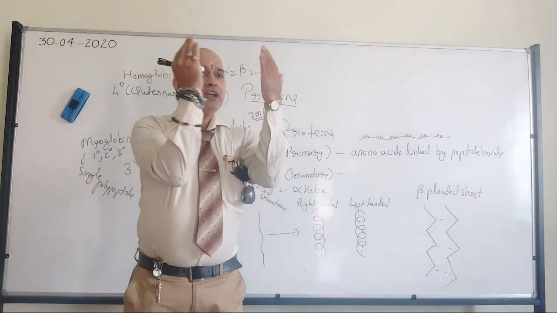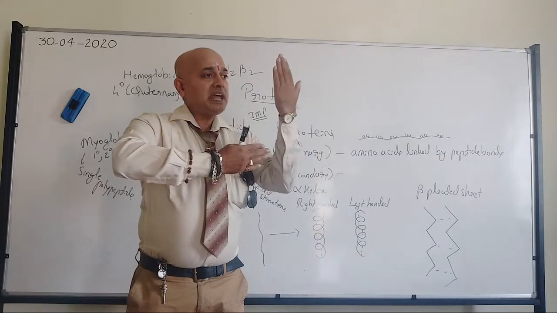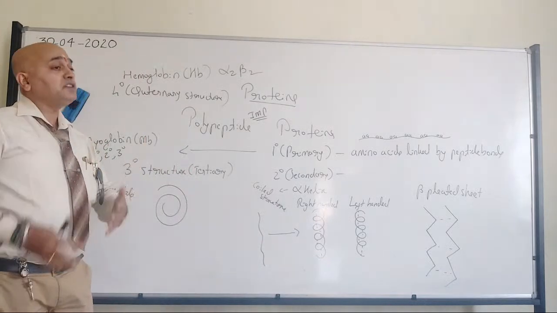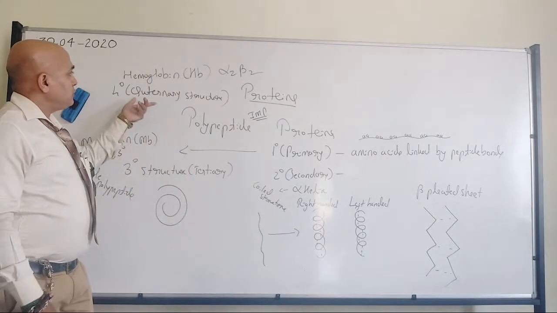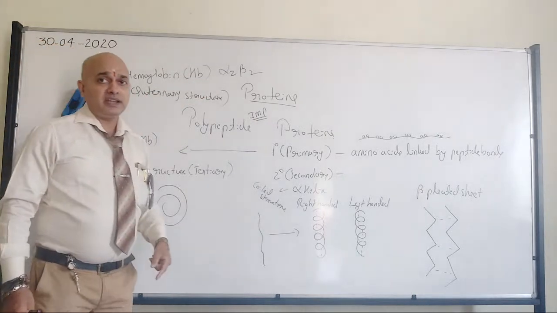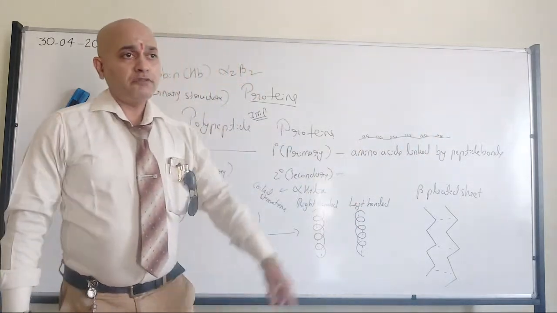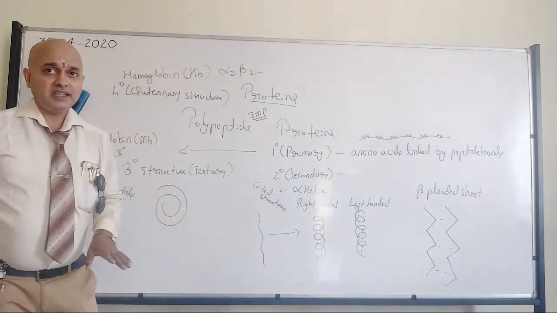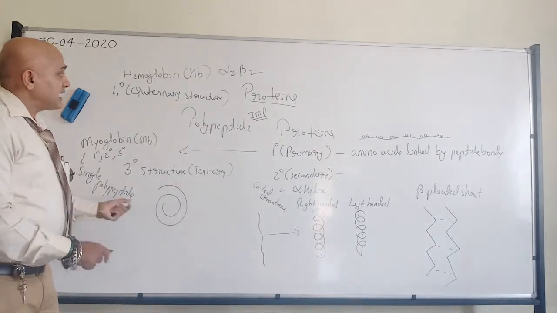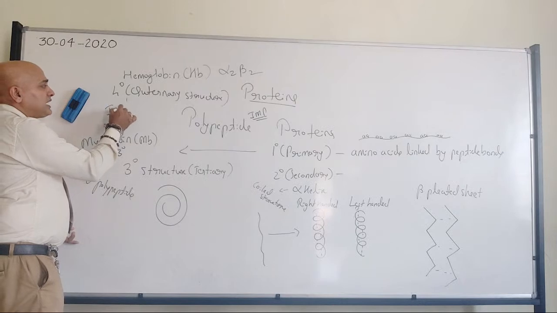This polypeptide can have interaction like this, or like this, or like this. So whatever it is, the arrangement of these polypeptides is going to be the quaternary structure. And whatever individual polypeptide is there, in a quaternary structure it will be called subunits. Whatever he has written is absolutely correct. That's why they are called subunits. Fine. So now, to simplify, quaternary structure talks about interaction of subunits.